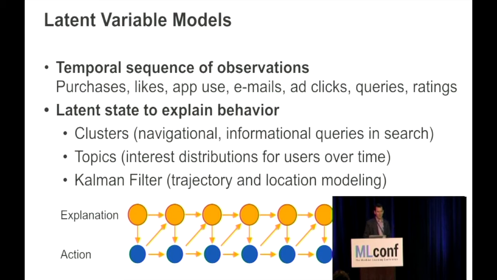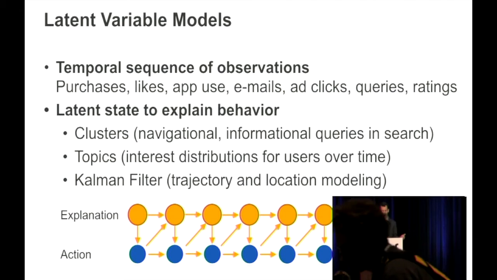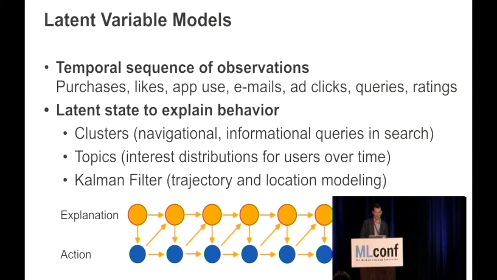But what's really going on behind the scenes? There's one thing that I believe a lot of people have ignored when they build recommender systems, and that's really time. So, in other words, when I have purchases, likes, app use, emails, ad clicks, queries, ratings, they're all time dependent. Now, you can always go and add a time feature, right?